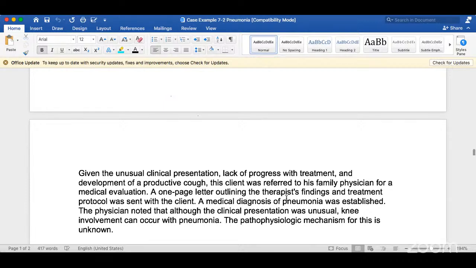The fact that the physiotherapist was able to identify cough and that is productive and referred was what helped the medical doctor to have a medical diagnosis of pneumonia. And that is what is expected of us, to be able to identify the suspicion of an organic pathology. We refer so that the diagnosis will be done by the medical doctor or physician, so that treatment will be given for the organic pathology. This is a very good one.